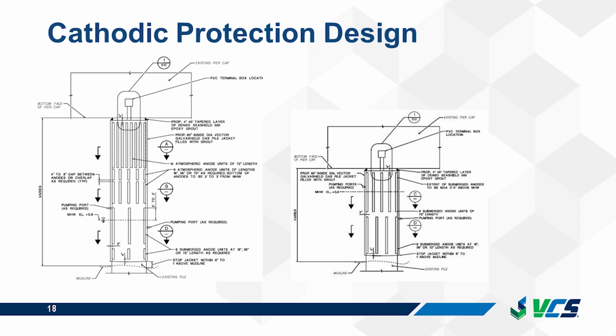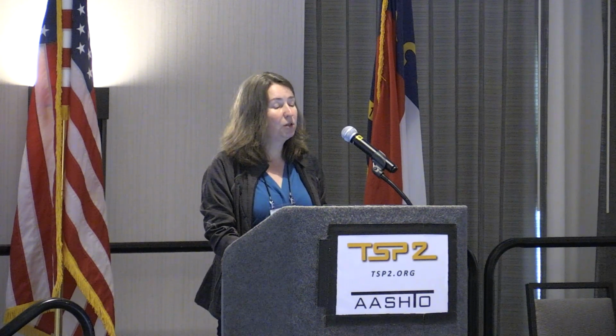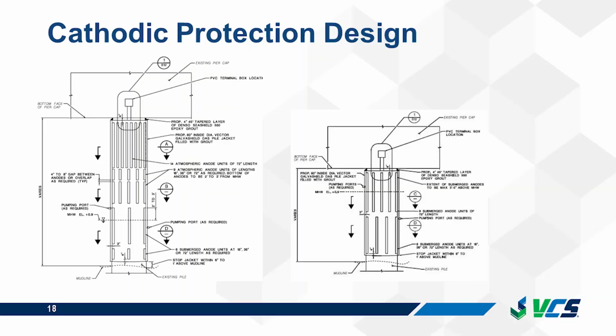And here we used marine anodes just below the water line, all the way to the mud line, and marine anodes extended up to 2 to 3 feet above the water line. The rest of the pile used atmospheric anodes. You see that there are more anodes at the top of the pile, and this is to compensate for the additional reinforcement at the top.